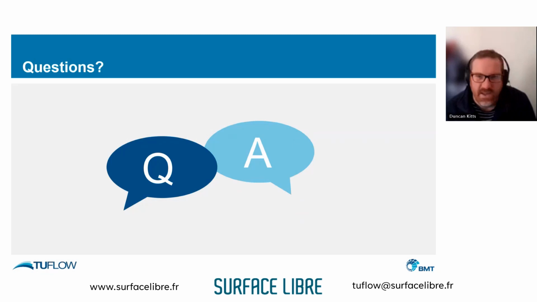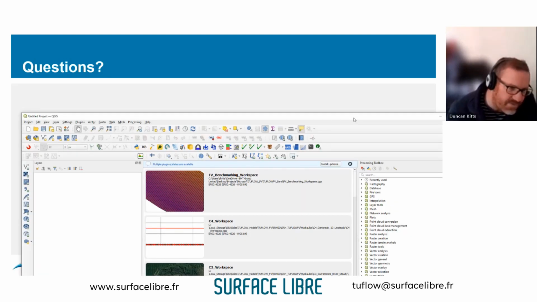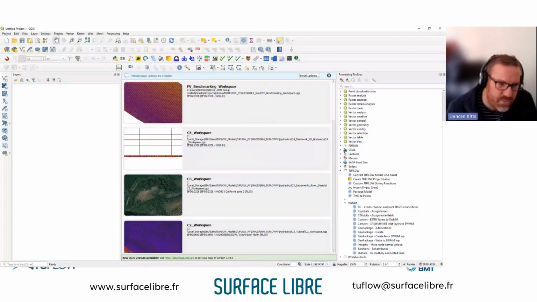Right. And just bear with me a second. What you'll see within QGIS, if you have the TUFLOW plugin installed, is there's now a whole host of model files and processing scripts within here, and you'll see now there are these SWMM ones.